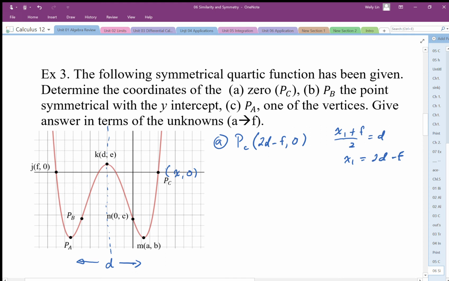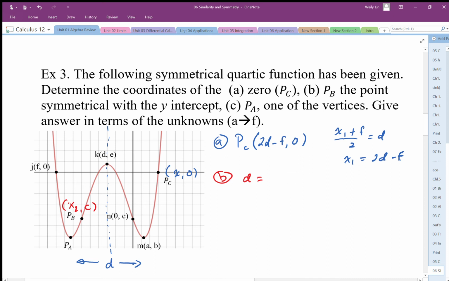Okay, so I could do that for all of these then, because here my position is 0. My position here is D. This position here is going to be double the D, right? And I could just write it the same. So I'm just going to do B here in red. Okay, that point there. If I want to find that point there, I'm just going to say that the middle D is equal to, and I'm going to label this point X2 and C. So we don't need to work out the C because we already know what C is.